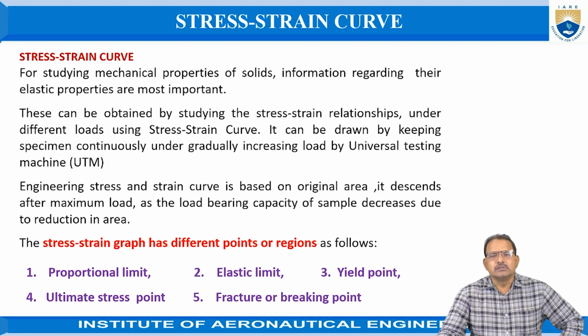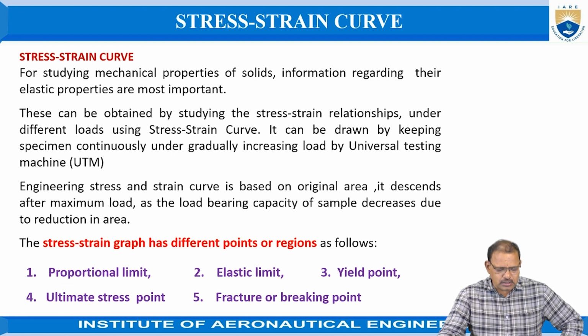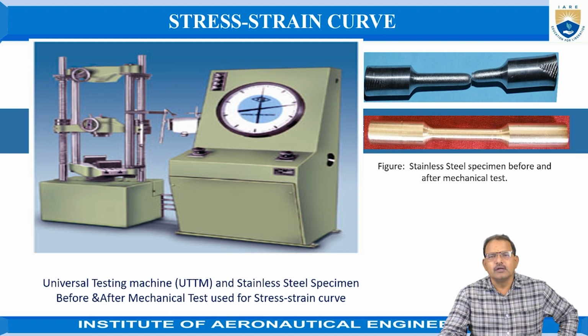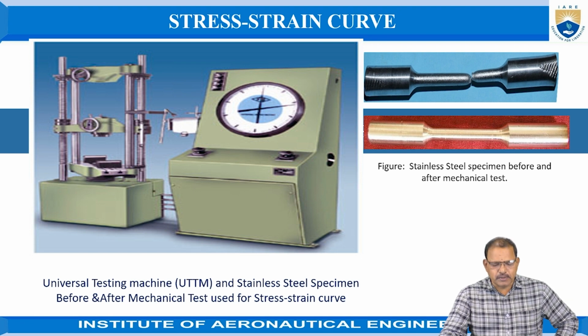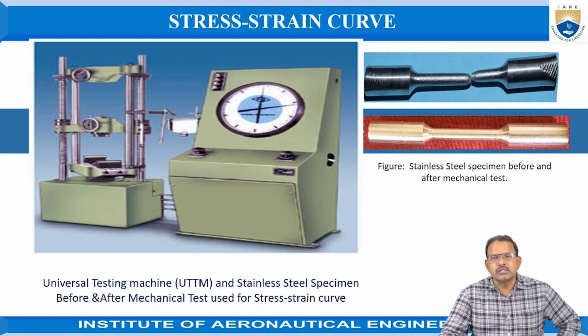The stress strain curve has different points on it: proportional limit, elastic limit, yield point, ultimate stress point, and fracture or breaking point. This is the universal testing machine generally used for determining mechanical properties of materials by studying the stress strain relations.